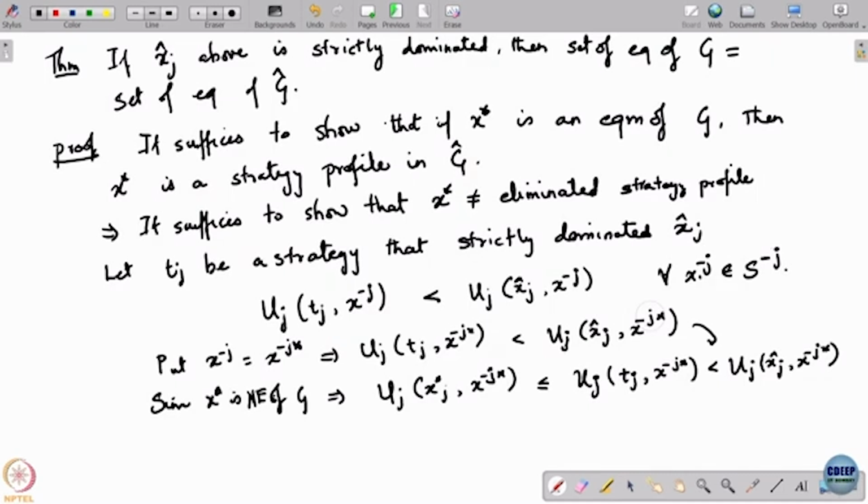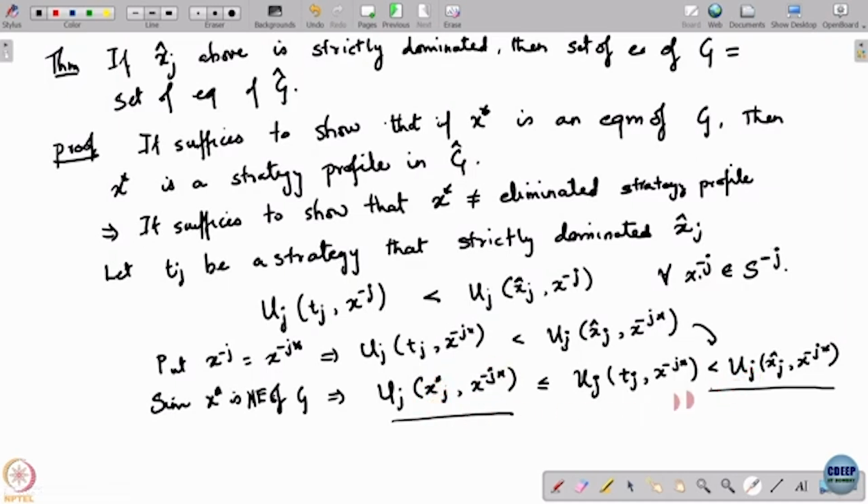Now, what does this mean? We now have that the left hand side here is strictly less than the right hand side. What is the meaning of that? See what is common here, the x minus j star is here, x minus j star is here as well. So, the inequality is because of this one here.